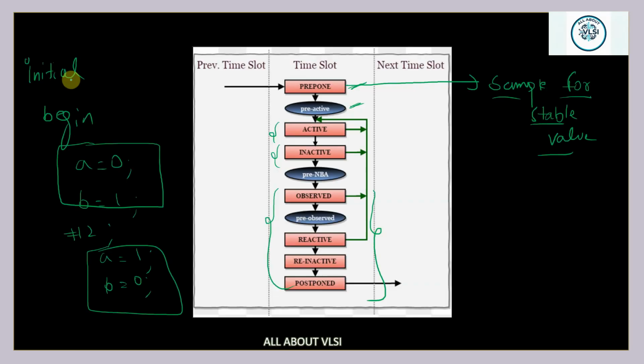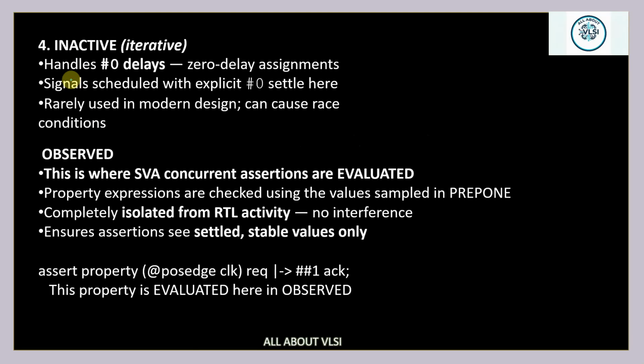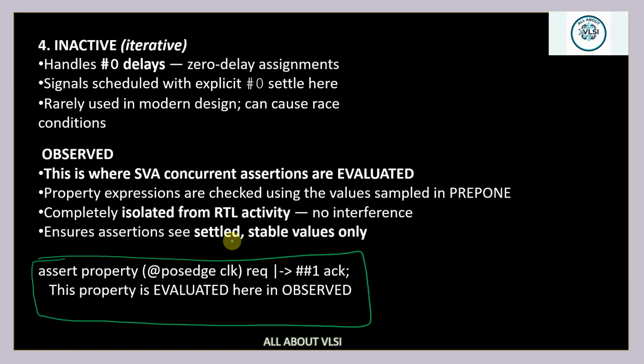This is a very important region we need to discuss, the observe region. The observe region is where your assertions are evaluated. Whatever assertion we write down, for example this one, the meaning of this assertion we are not going to care about now, we will discuss it in our next sessions.